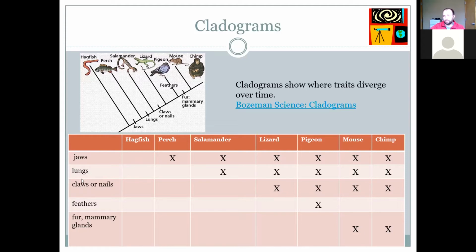These are physical traits. So jaws, right? Jawbones, lungs, claws or nails, feathers, fur, mammary gland, right? So mammals, right?